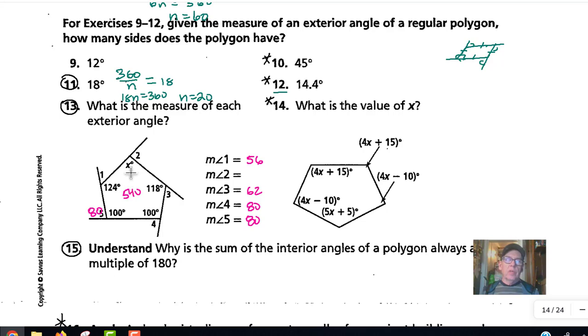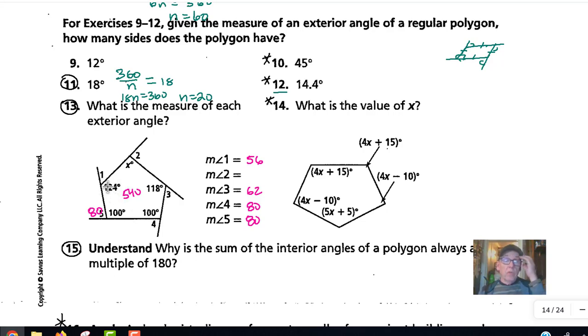And let's see what we get out of angle 1 then, or this angle 2. So altogether these have to be 540. So if we add up what we have here, 124, 224, 334, 440, 342, 442, 542. Okay, missed it on that one. Let's see.